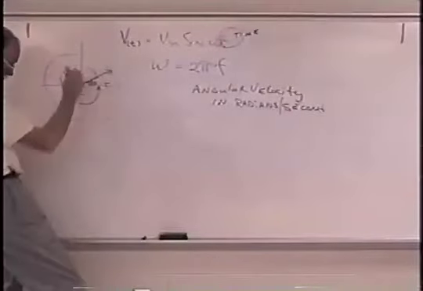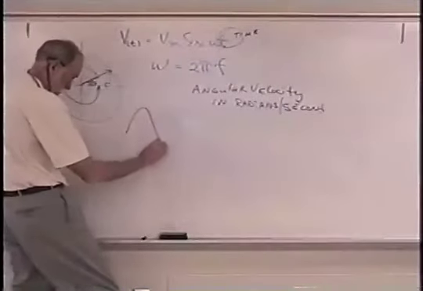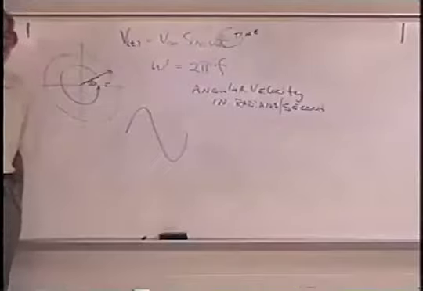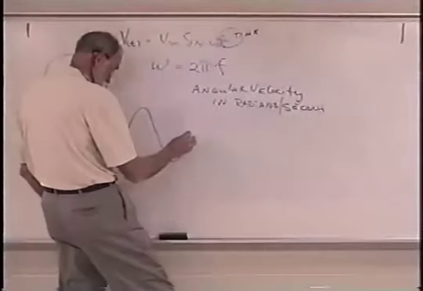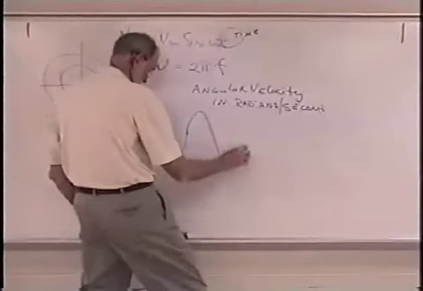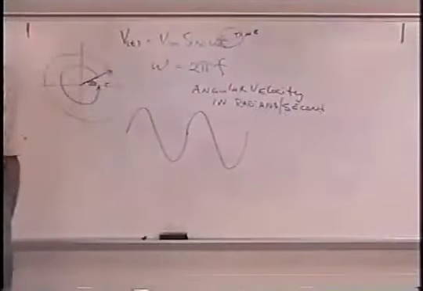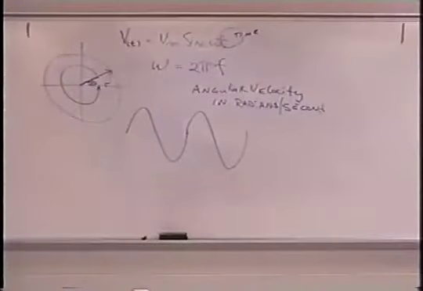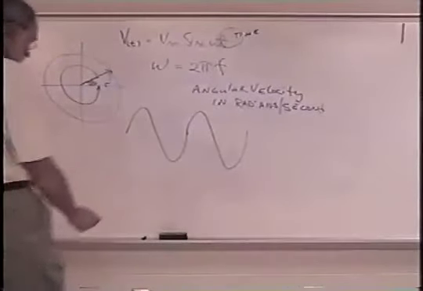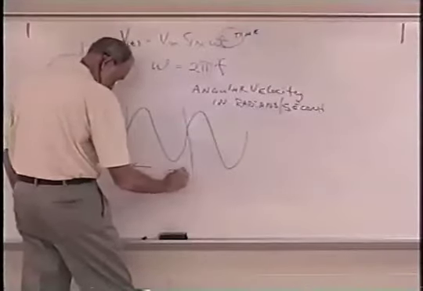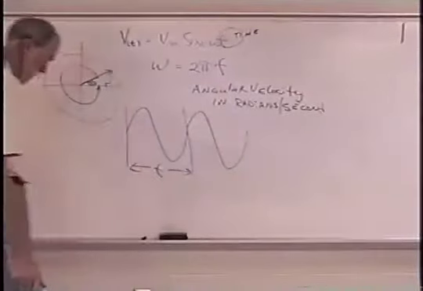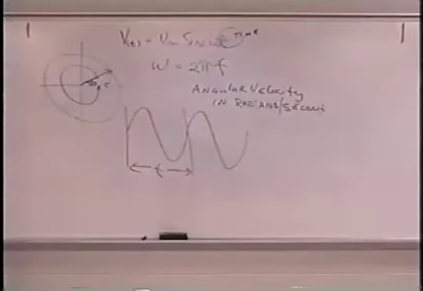One time around the circle is one cycle of my sine wave. Another time around the circle is another time around another cycle of the sine wave. Well, these cycles are happening in some amount of time.